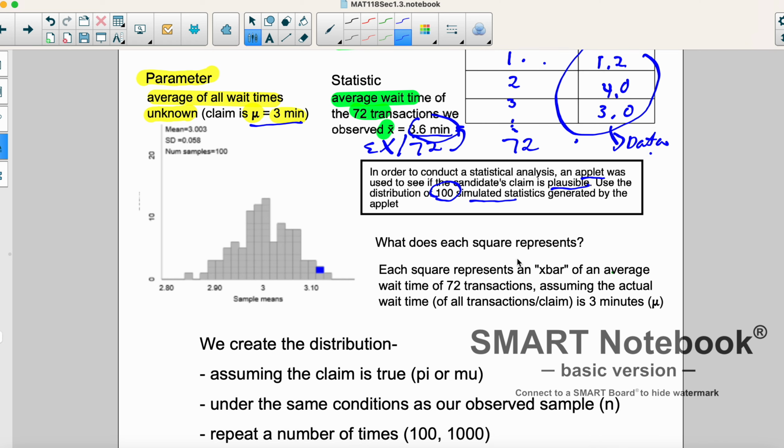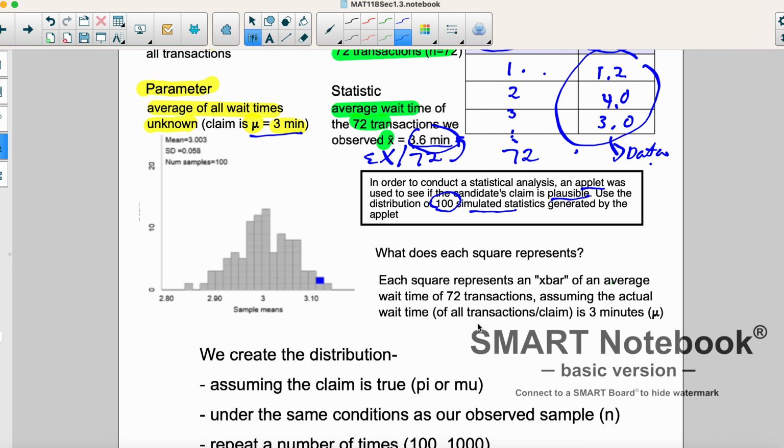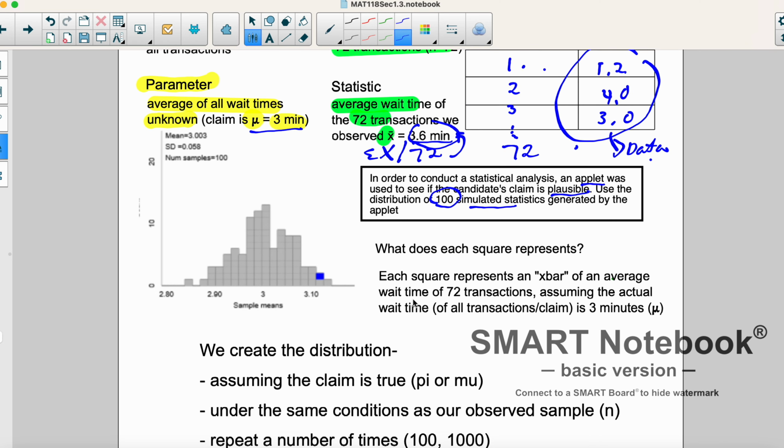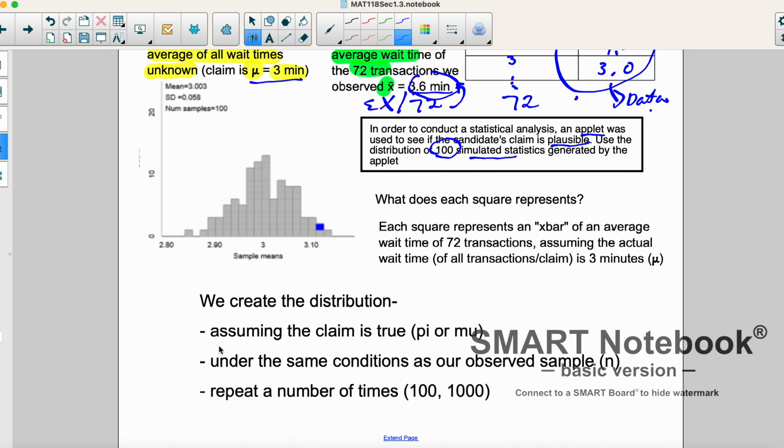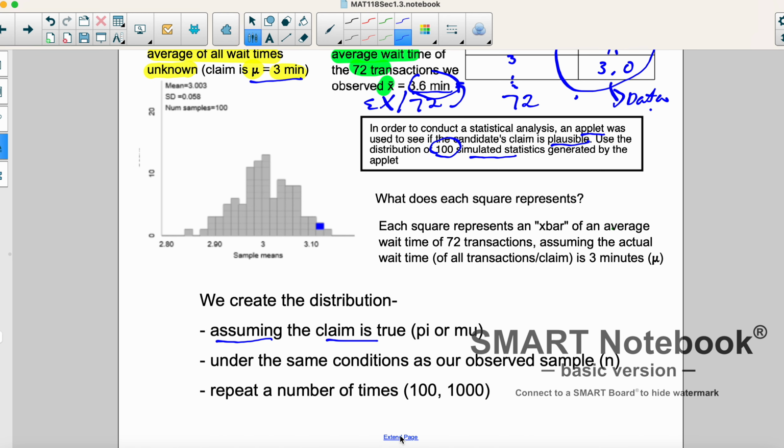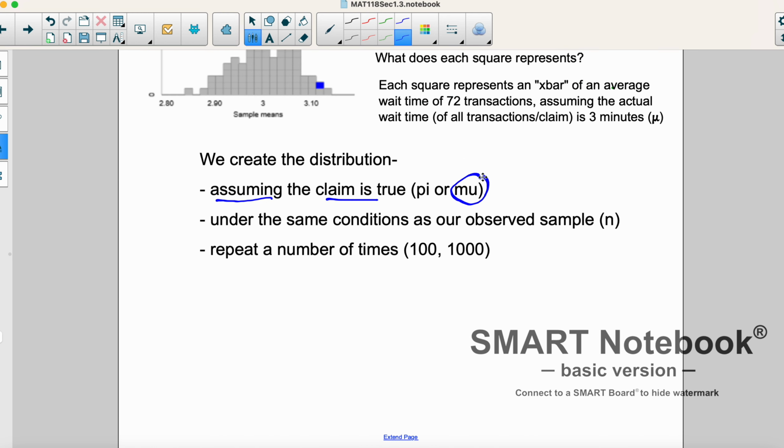It says, what does each square represent? Well, we want to create this distribution with a certain type of assumptions. The first thing that we're going to do is assume that the claim is true, whether it's pi or mu. In this case, it's mu. We have a claim that mu is equal to 3 minutes.